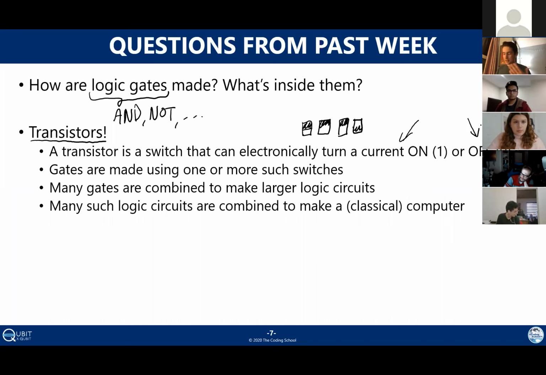And that sort of represents this on or off switch. Now, gates are used by just combining these switches in clever ways. We won't go into exactly how that's done, but basically at the core of all of these logic gates are these transistors.